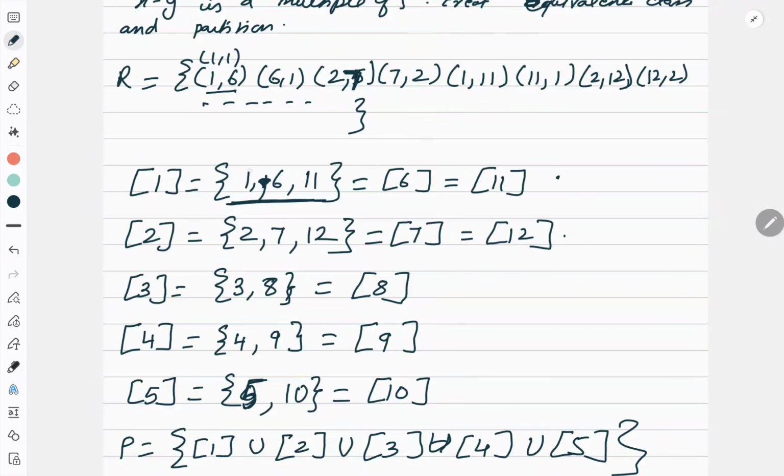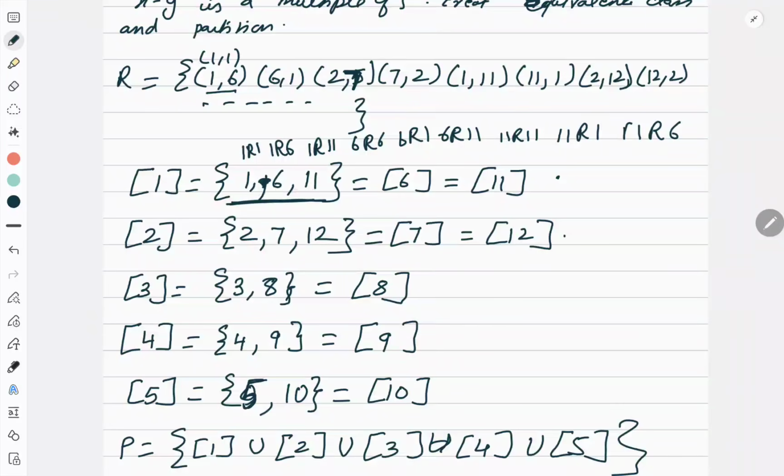Now, in this, 1 is R related to 1, 1 is R related to 6, 1 is R related to 11. Then 6 is R related to 6, 6 is R related to 1, and 6 is R related to 11. Same way you write for 11: 11 is R related to 11, 11 is R related to 1, and 11 is R related to 6.